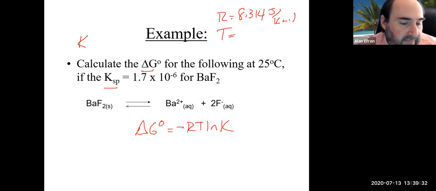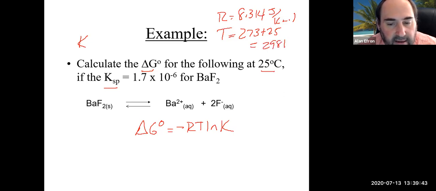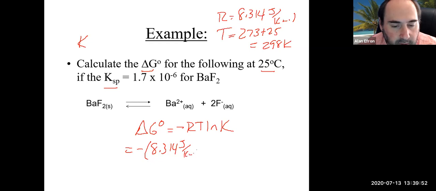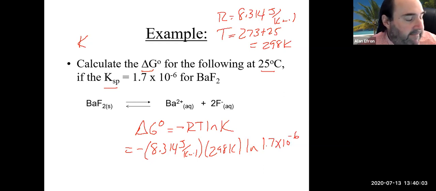Temperature, like pretty much everything, needs to be in Kelvin, so we would add 273 to that, and that's going to give us 298 Kelvin. At that point, I think we have everything we need. We're going to go minus R times our 298 Kelvin, natural log of our K that was given to us, which is 1.7 times 10 to the minus 6.